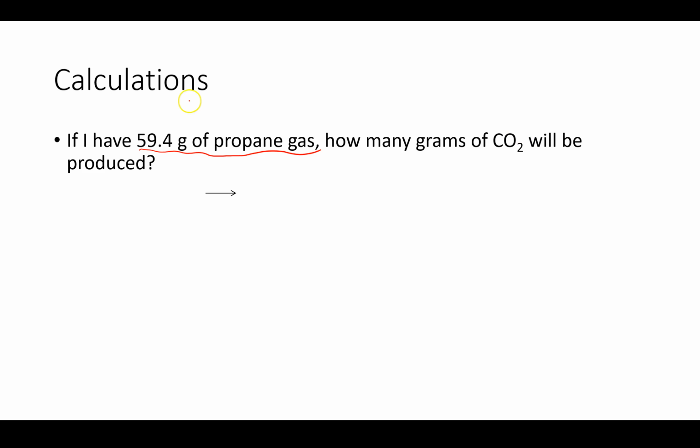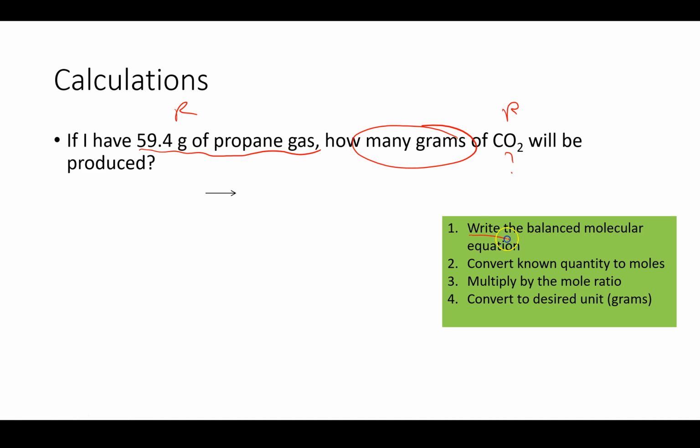If that's my starting quantity, this is my reactant, and carbon dioxide is one of my products, how much carbon dioxide am I going to end up with? Well, step 1, we need to have that balanced molecular equation, which I just showed you on the last slide, so we'll pull that back up. We need to know ratios, 1 to 5 to 3 to 4.